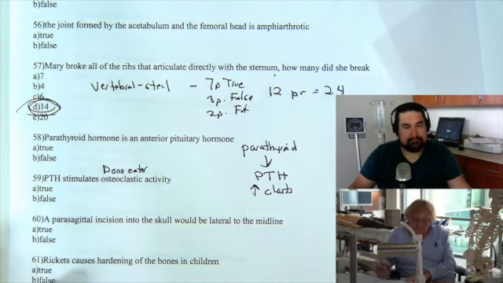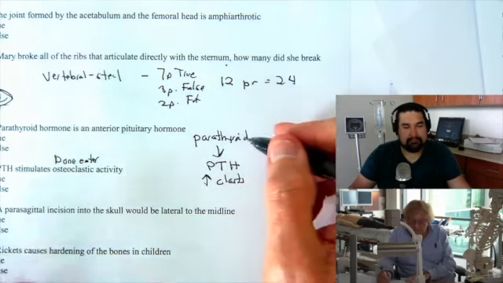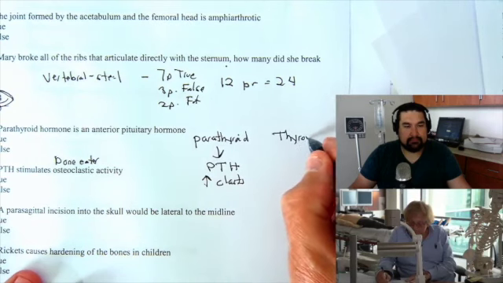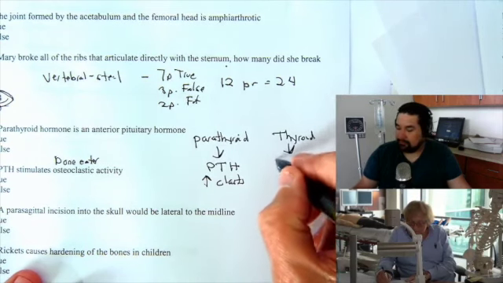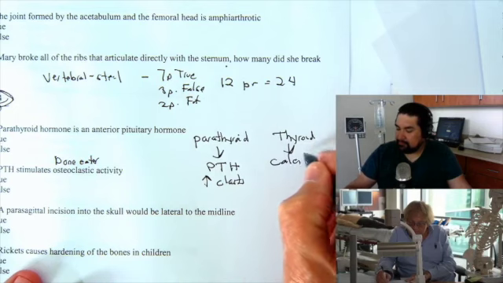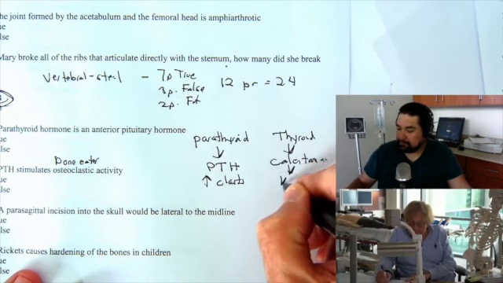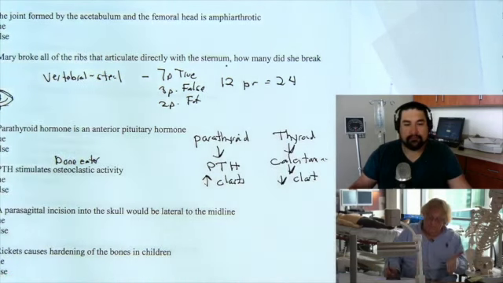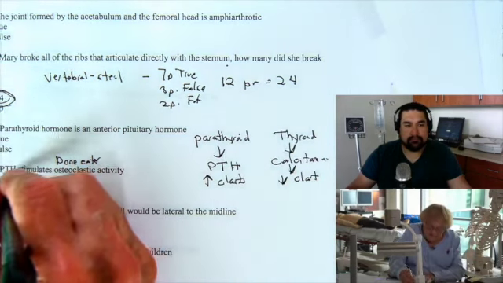The hormone that's antagonistic to it is going to come from the thyroid, and that's going to produce calcitonin, and that's going to lead to decreased clast activity. So when it says parathyroid hormone stimulates osteoclastic activity, that's a true statement.